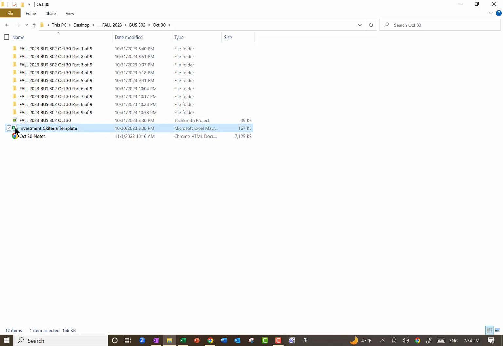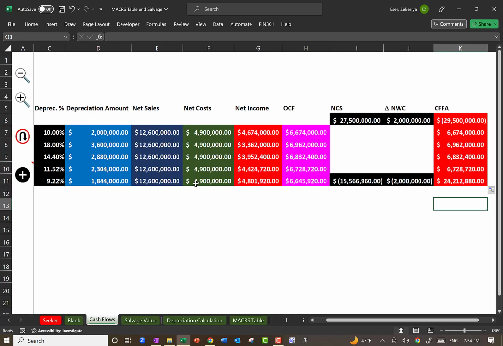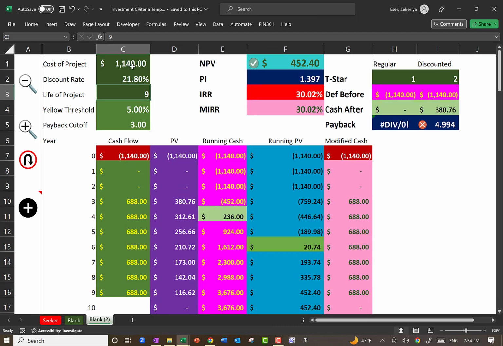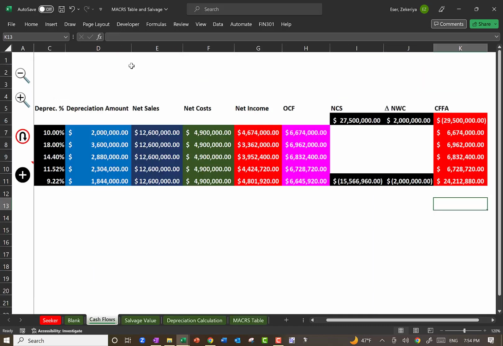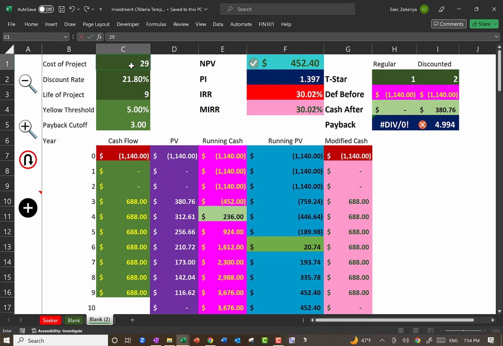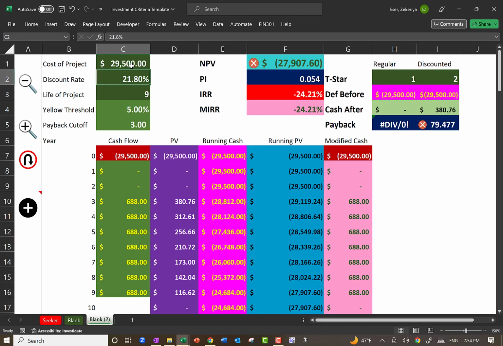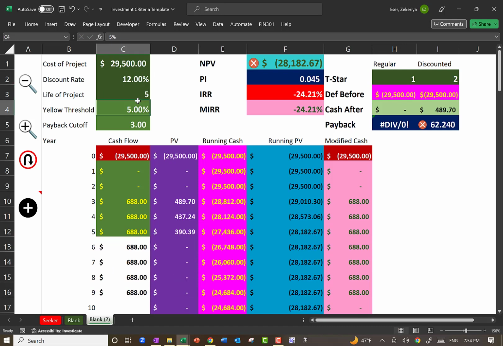I can also do it with a formula, but I'm just going to use the template. Cost of project is the year zero cash flow from assets. So 29.5. I'm going to get rid of the last three digits. Discount rate, we assume 12%. Life of project, 5 years.